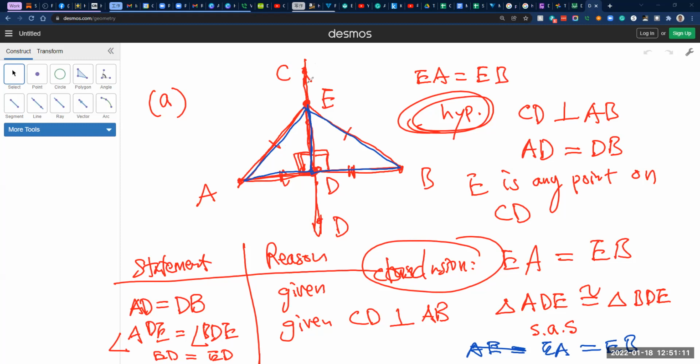We are given a line segment AB, and we have a perpendicular bisector CD, and we are saying that any point on the line CD has equal distance to the two ends, to A and B. So let's clean this up.